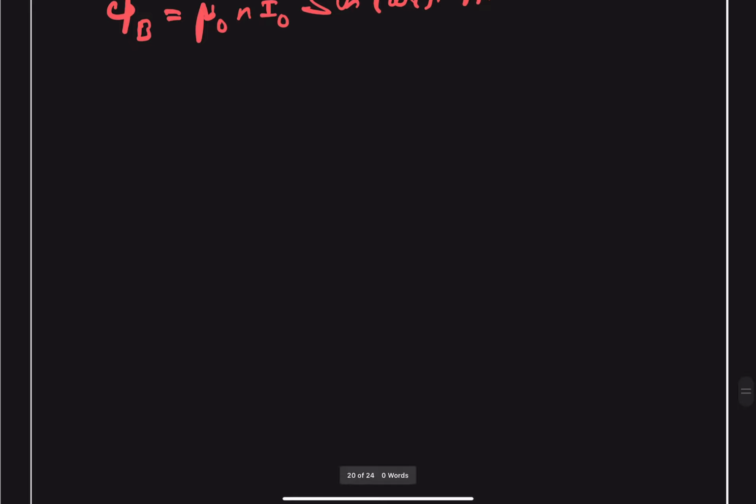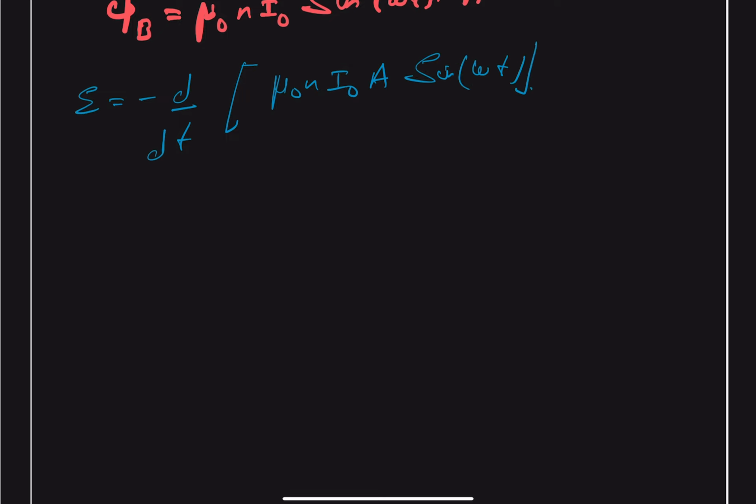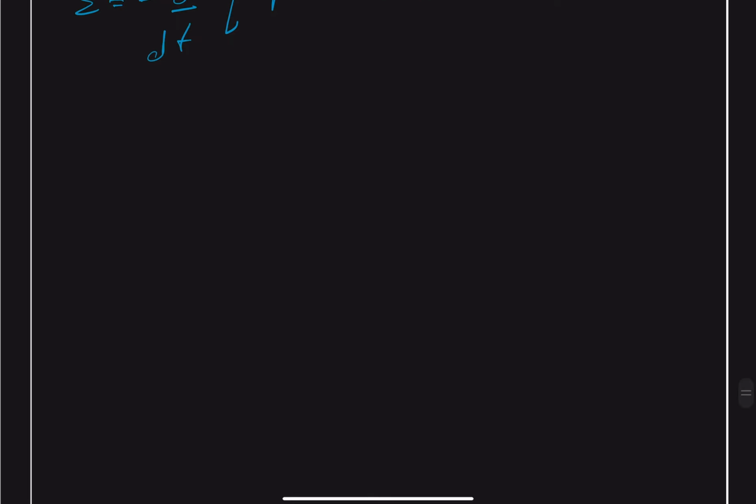Now we can find out induced EMF. So induced EMF is minus d upon dt of mu naught n I naught A sine of omega t, and differentiating it, we get our induced EMF is minus mu naught n I naught A omega cos of omega t.